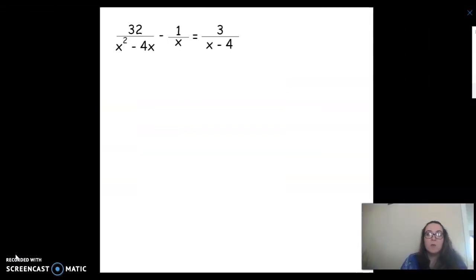All right, I have one last question for you. I'm not actually going to talk much. I am going to pause and play throughout the question, and you can do it step by step and see if you are correct. Here's the question. I would suggest you start with factoring the denominator of the one that can factor, but that's about all I'm going to suggest.